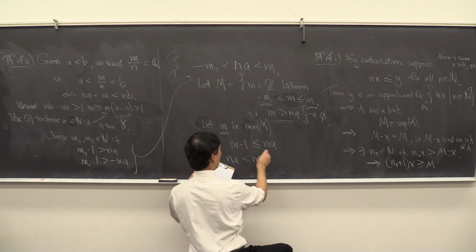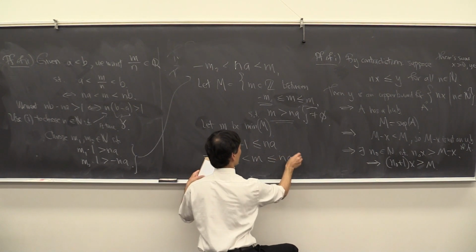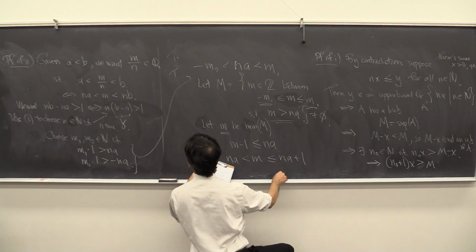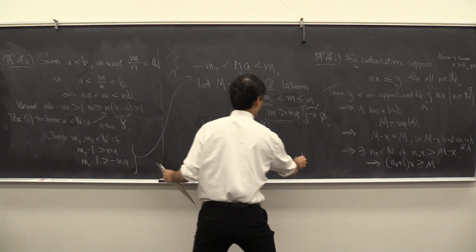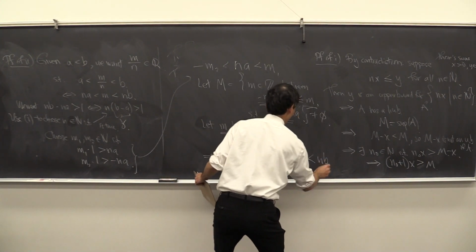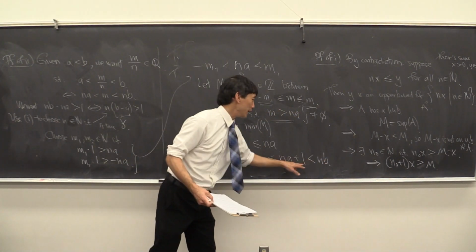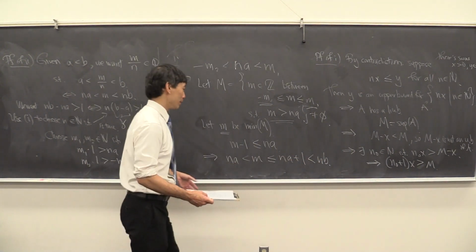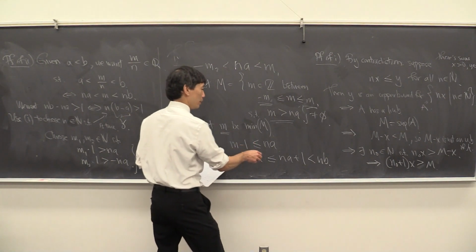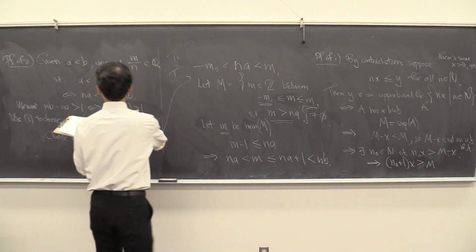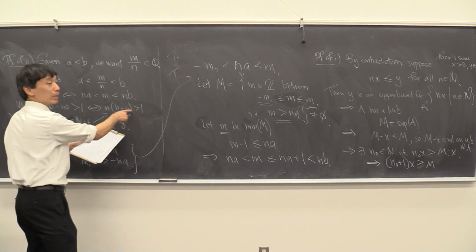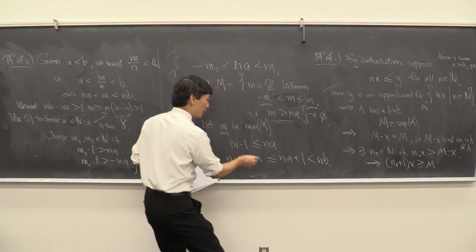M in turn is less than na plus 1, and na plus 1, remember, is less than nb, because the distance between nb and na is more than 1. So by what we required here, nb minus na is bigger than 1. So we're done.